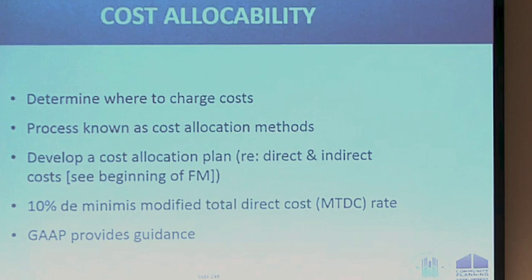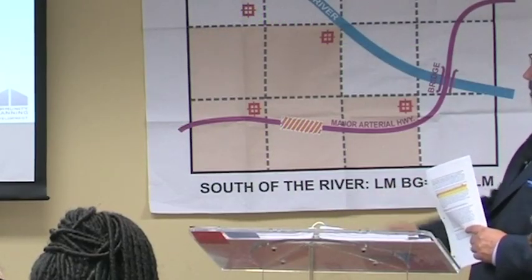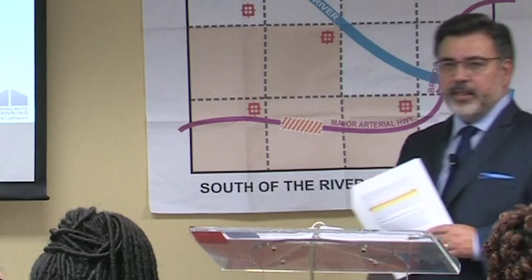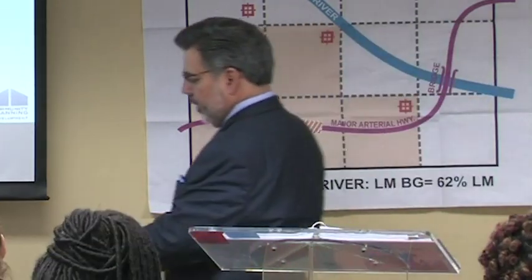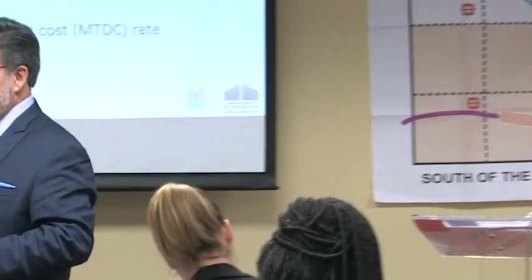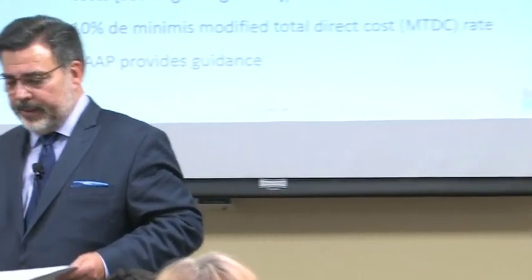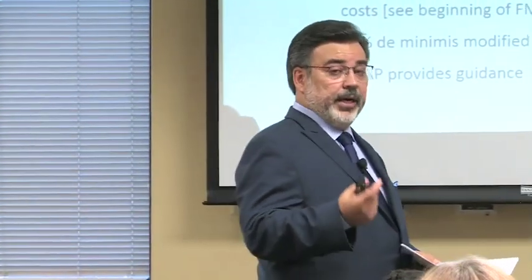Okay. We're going to discuss a process called de minimis. Okay? This was the question that was brought up earlier on the parking lot about, we have our subrecipients hounding us about being able to get reimbursed for indirect costs.